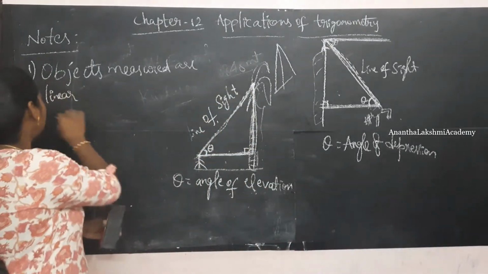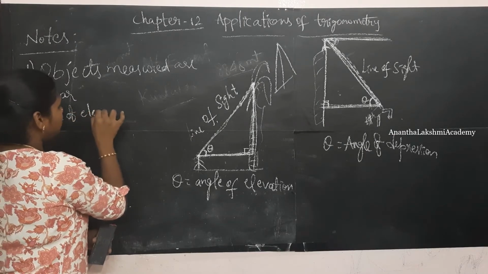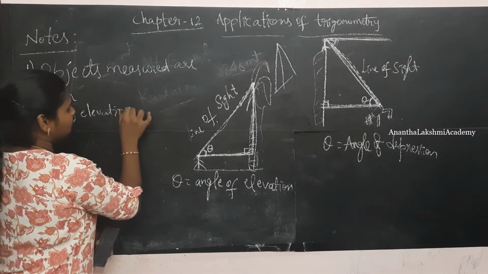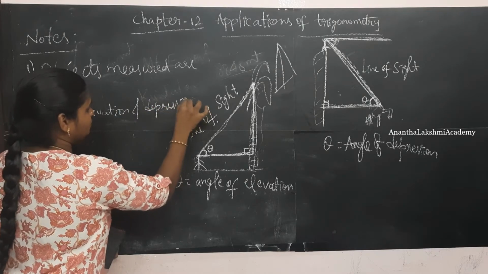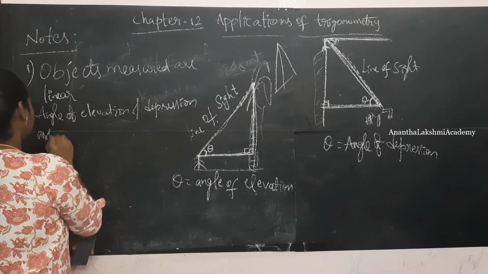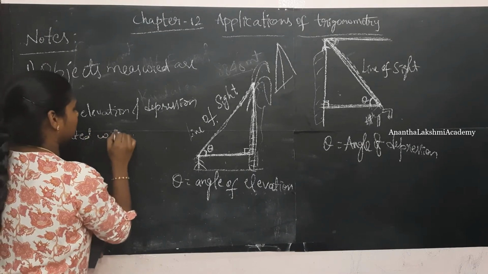Okay, the angle of elevation and depression are always associated with what? Horizontal line.